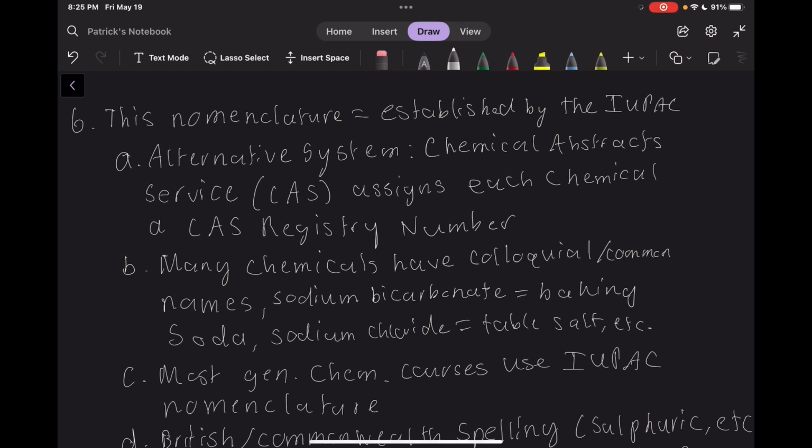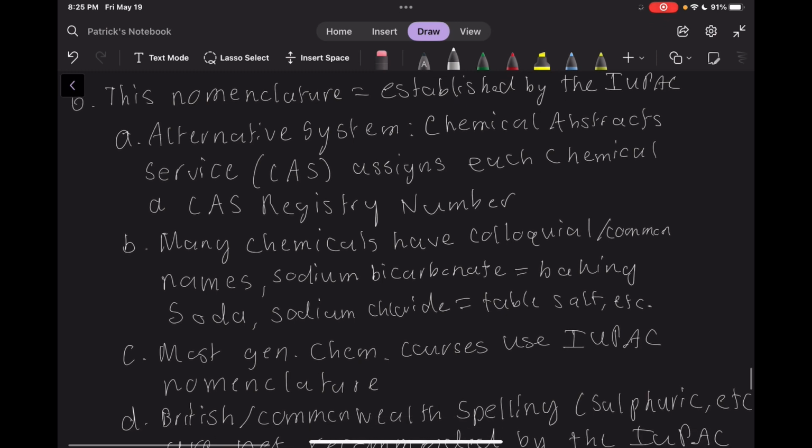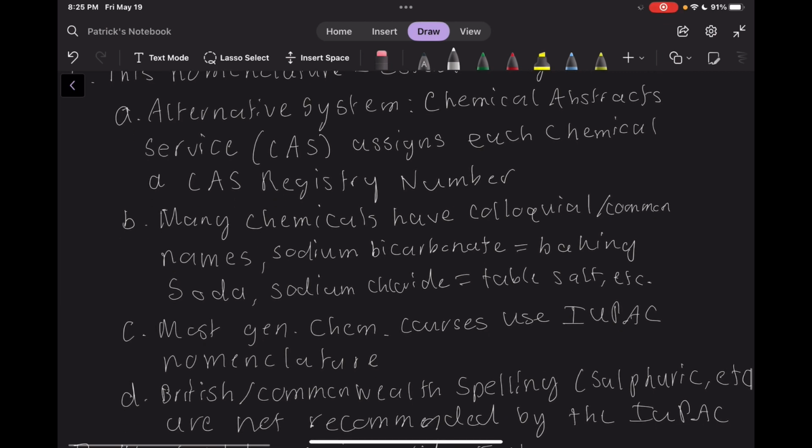For obvious reasons, the IUPAC system tends to dominate in chemistry classrooms and in everyday conversation between chemists. Trying to remember numbers for every chemical out there is difficult, and common names have a tendency to go in and out of fashion. Sodium chloride has almost always been called salt, so that's not a problem.